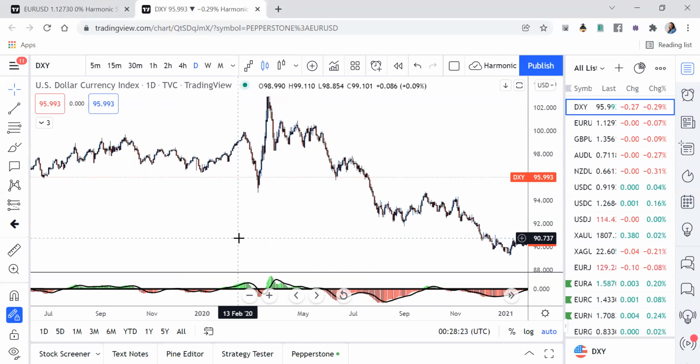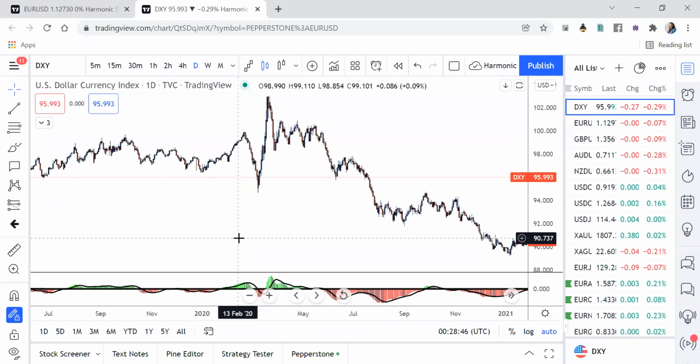I gave you a relatively simple way of identifying structure, and that is using the MACD. I explained to a beginner the other day that you can look at the MACD as the red zones being the valleys and the green zones being the mountain tops.